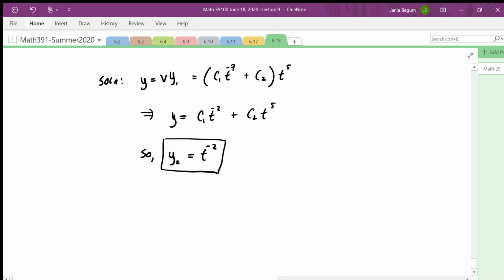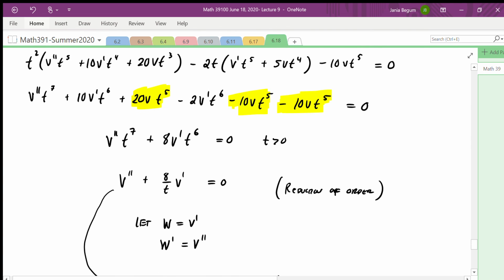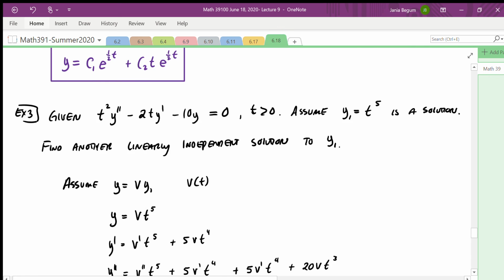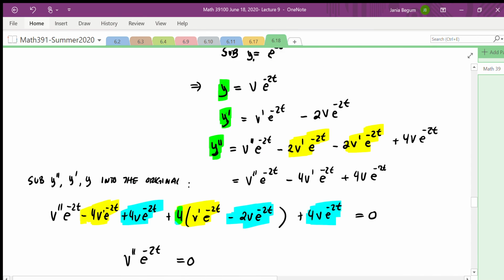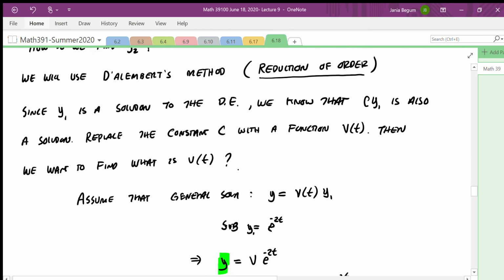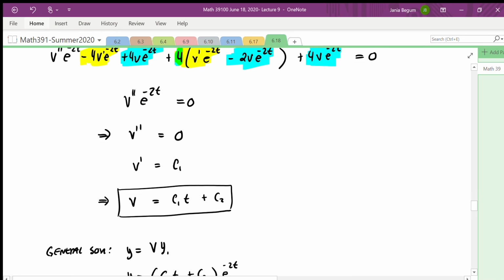You could have computed the second solution to this by using Abel's theorem. You can use that, but I will show you that next class. If you want to try it out, you could do that. That's no big deal. But the idea is to know how to use reduction of order. This is a very important concept for chapter 3.4.